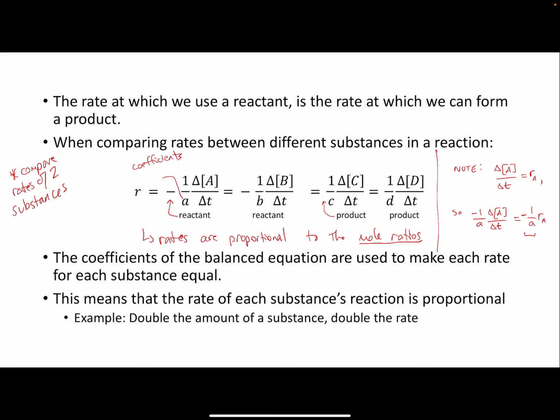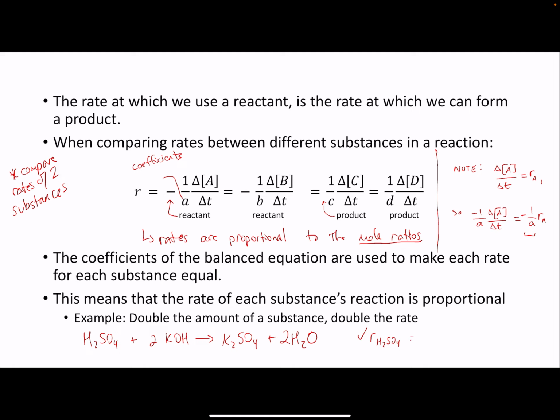As a little example, take the reaction H2SO4 plus 2KOH producing K2SO4, a neutralization reaction, and we describe the rate. Let's say we determine the rate of H2SO4, and we know what that value is. But what we really want to know is the rate at which potassium hydroxide, KOH, is reacting.